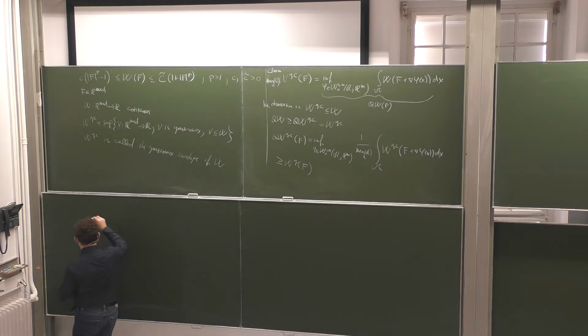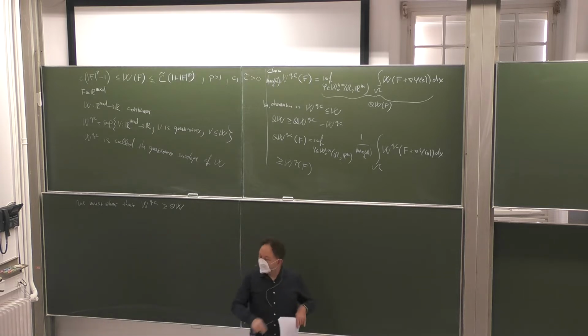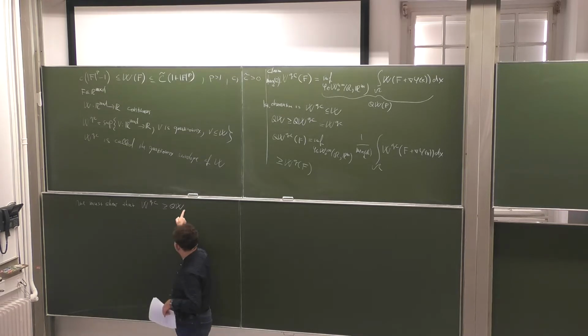So we must show that the opposite inequality holds, so that WQC is bigger or equal than Q of W. For that, it would be enough to show that this animal here is quasi-convex.